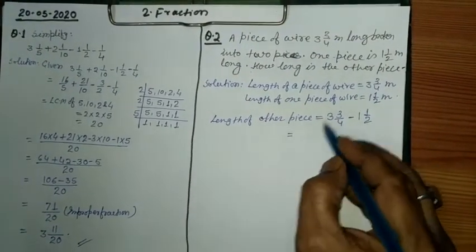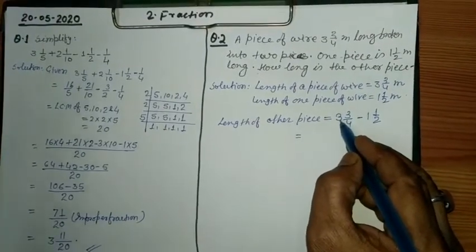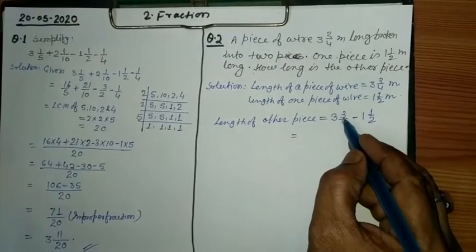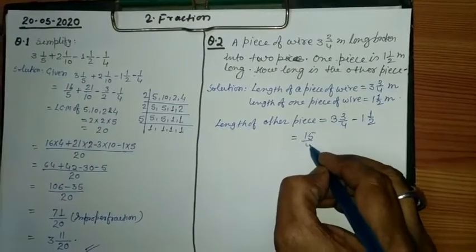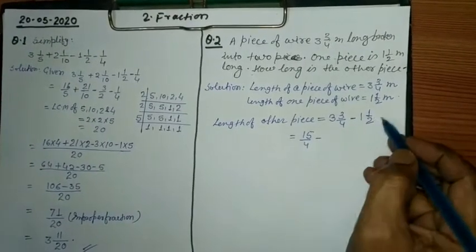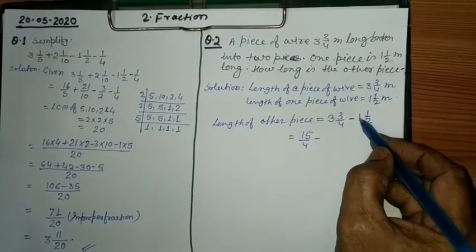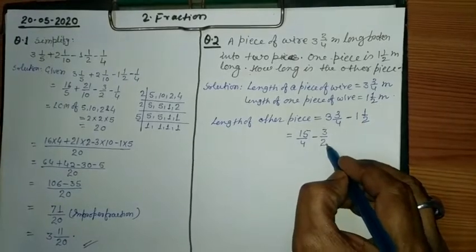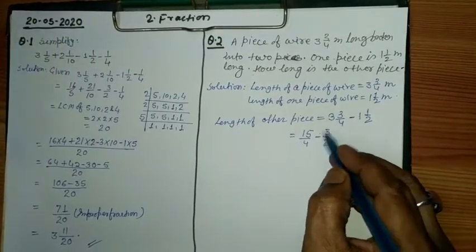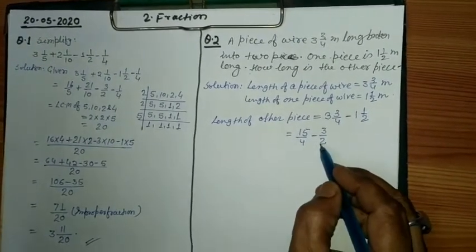equal to 4 threes are 12 plus 3, 15 upon 4, minus 2 ones are 2 plus 1, 3 upon 2. These are unlike fractions.